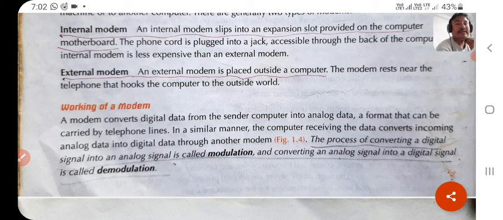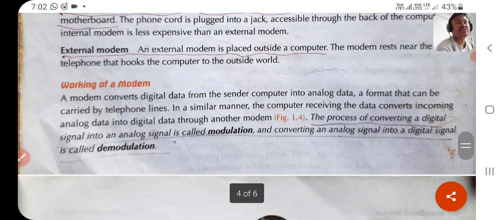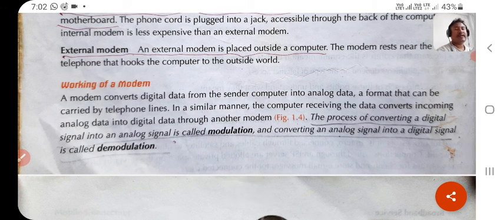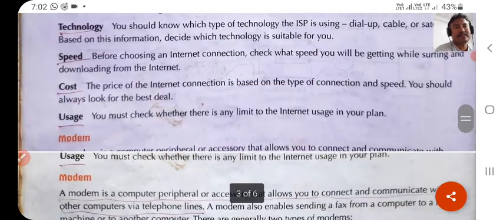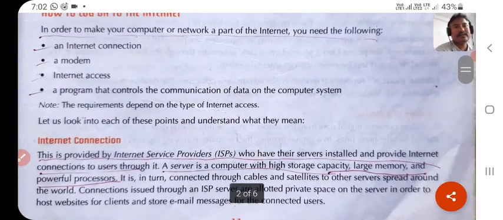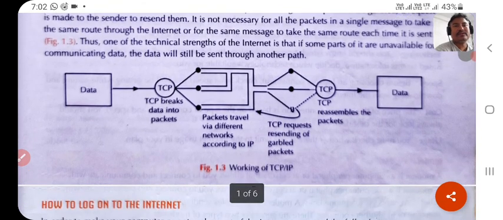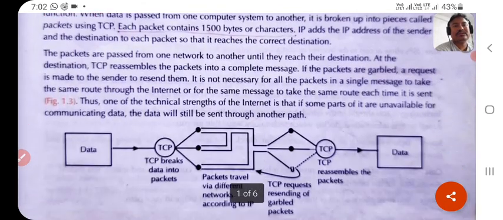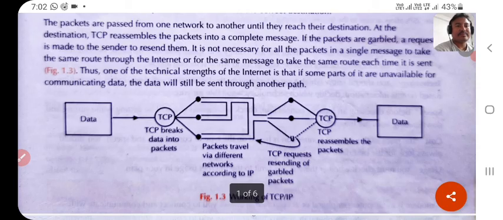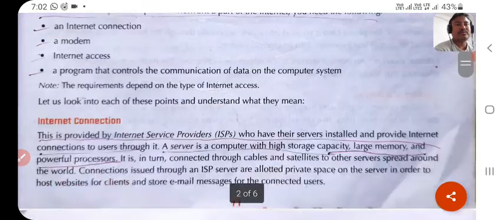But the working of a modem, we should know how it works. A modem converts, for what purpose actually? As we saw just previously, how the internet works, how it carries data from one place to another. This is how it works.